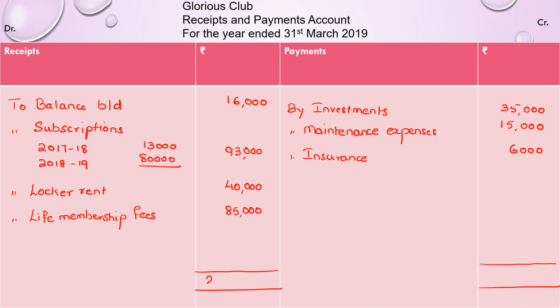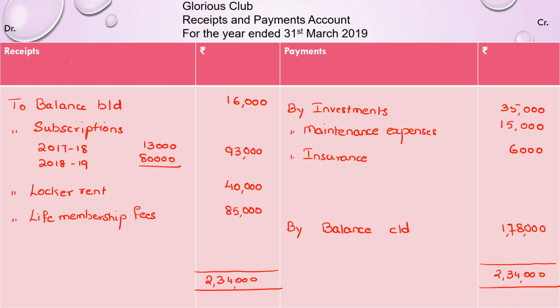So we will write the total of the debit side, 2,34,000, on the credit side. And now we shall find the difference. The difference here is 1,78,000. So this is the closing balance. So you will write by balance carried down, 1,78,000. So this is how we prepare the receipt and payment account.